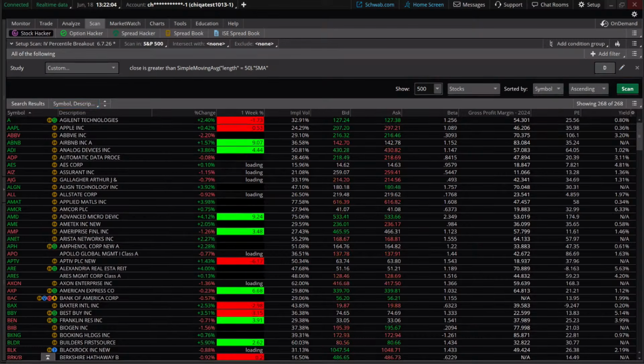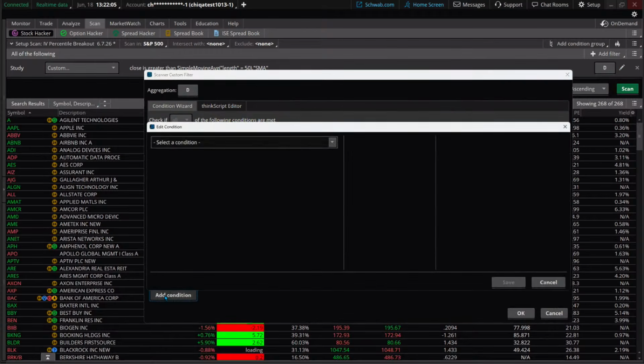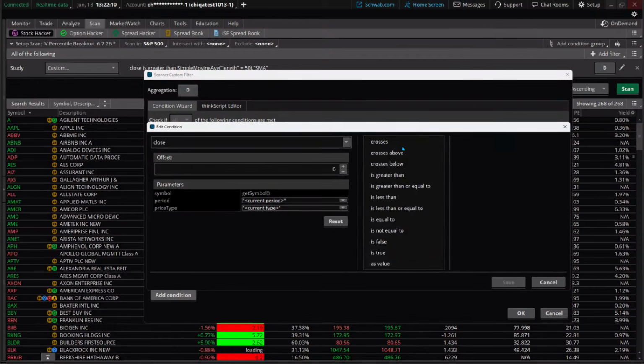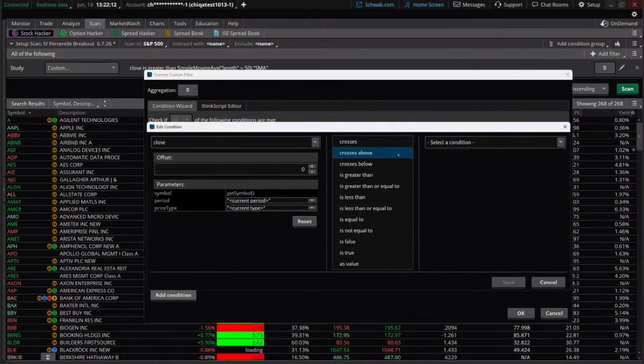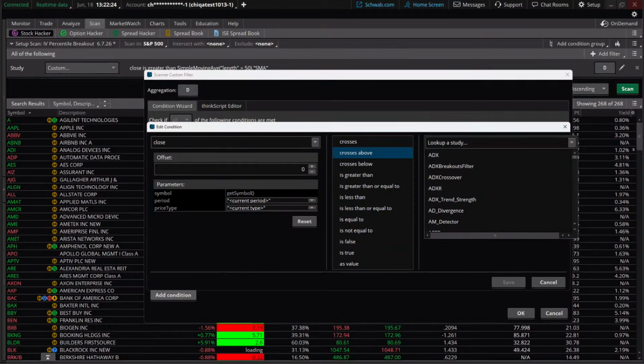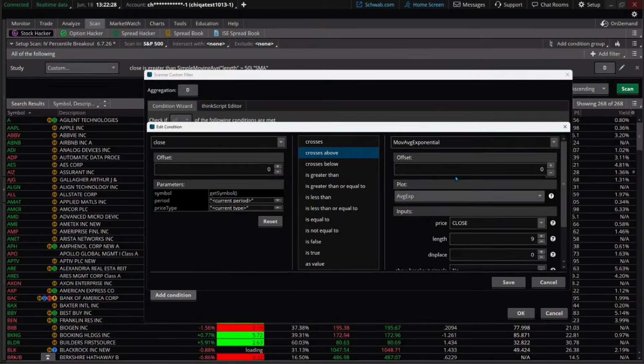But we're not done. We want to add in our next one, and I'll do that again. So add that condition, closing price. In this case, we want to say crosses above. Now, I'm going to say within the last couple of bars, at least, maybe 2 to 3. Well, we'll do 3. But this is the price of the stock, the action crosses above, and the study is going to be the exponential moving average.